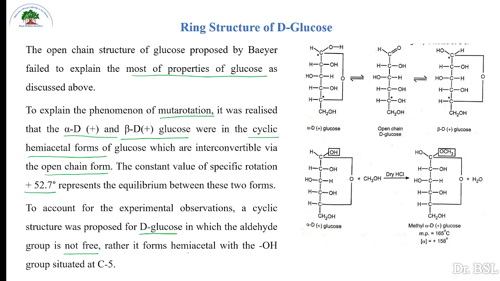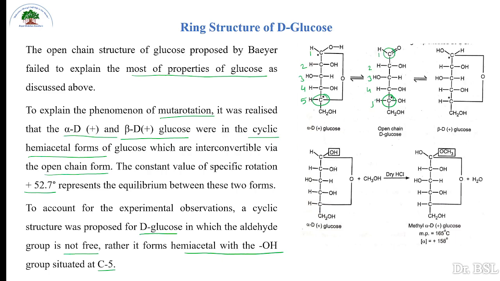Rather, it forms a hemiacetal with the hydroxy group at C5, that is the fifth carbon. So 1, 2, 3, 4, and 5. This is the fifth carbon, and this one is the first carbon.